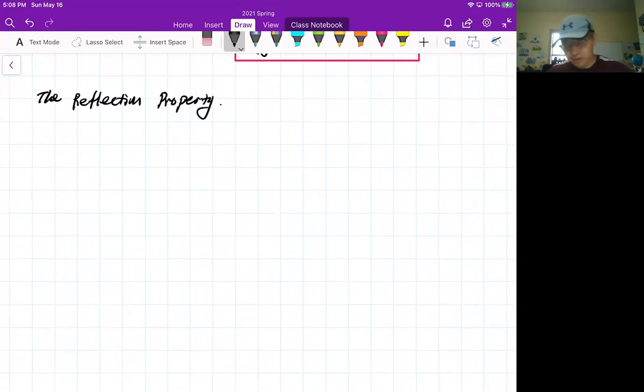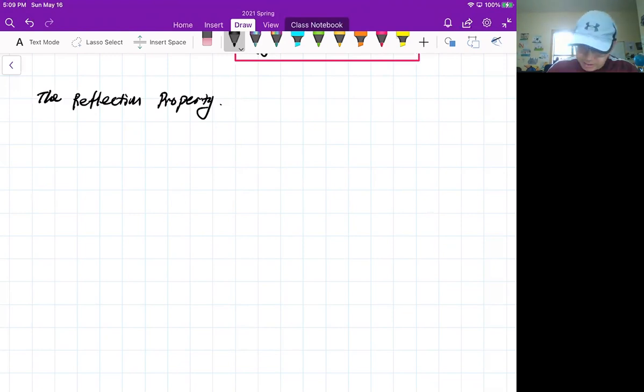What is this? Let me explain. I think many of you have noticed satellite dishes, right? If you look at the cross section of the satellite dish, it's actually a parabola.